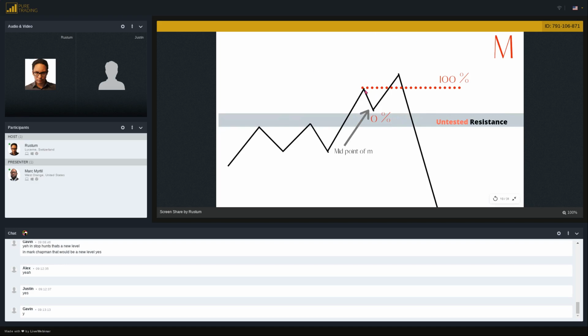From the high over here down to there, you draw a Fibonacci. And the qualifier is going to be when the next leg goes all the way up past the 100%. 100% is here when we start the fib, when we draw the fib going down.